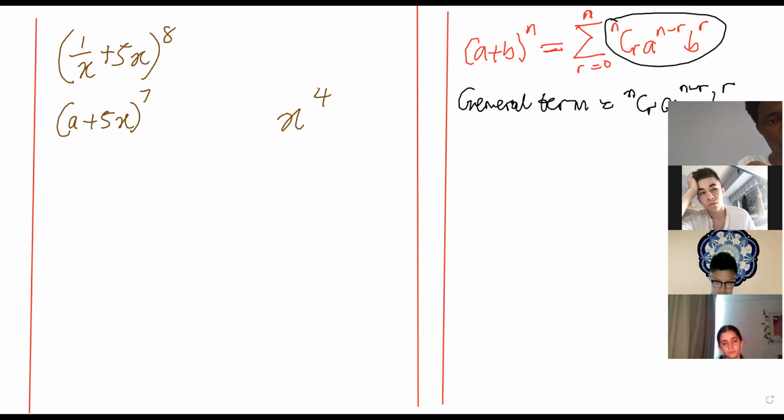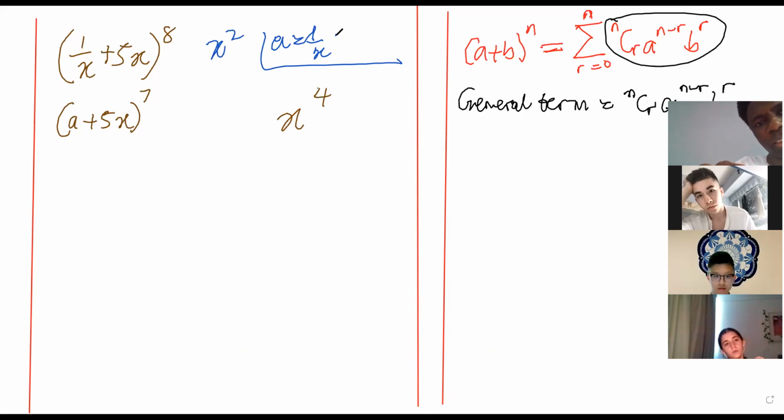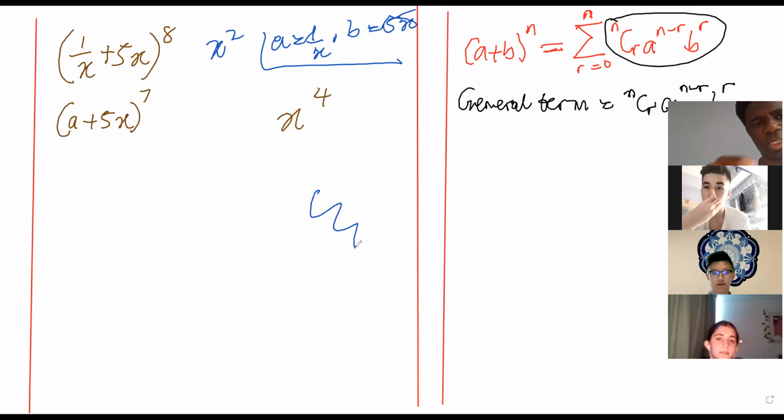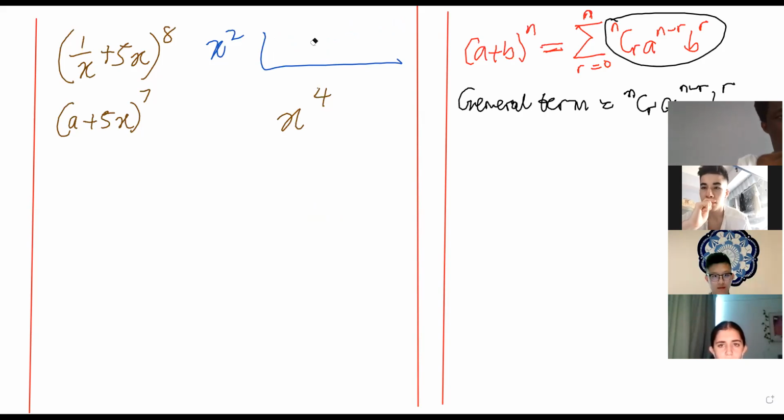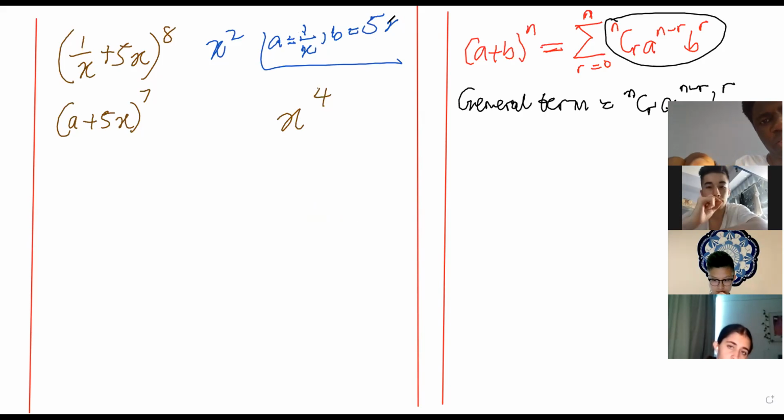So let me put it this way. Here we want to deal with x to the power 2, right? In this case, our a is 1 over x, agreed? Our b is 5x, and n is 8.